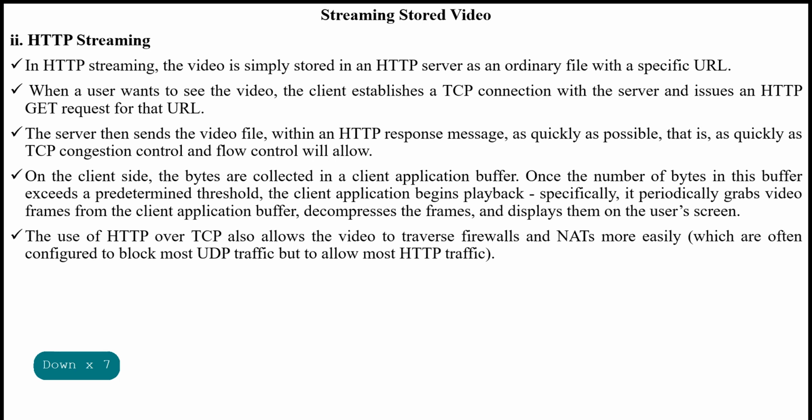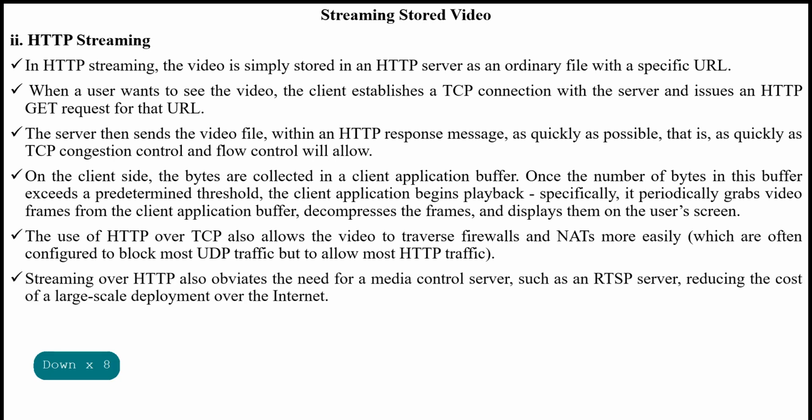The use of HTTP over TCP also allows the video to traverse firewalls and NATs more easily, which are often configured to block most UDP traffic but to allow most HTTP traffic.